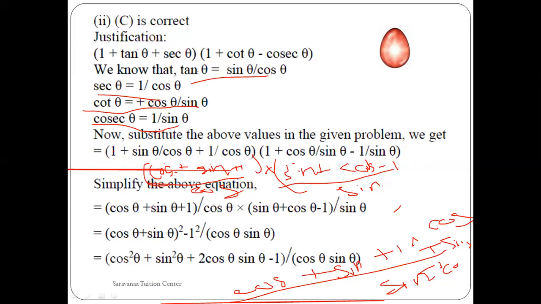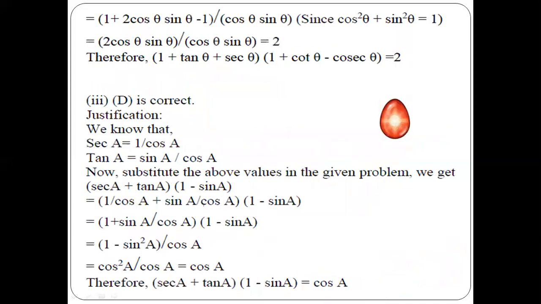So now minus cos and minus sine will be cancelled by plus cos and plus sine. Then cos square theta plus sine square theta equals 1. Then you would get this answer, that -1 into 1 will be 1 and the 2 will be added, and you would get this.